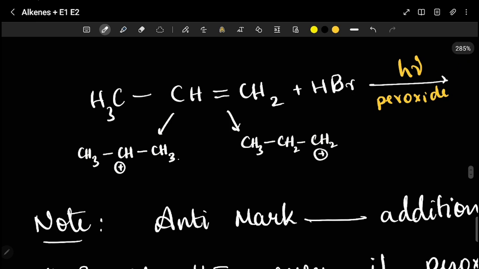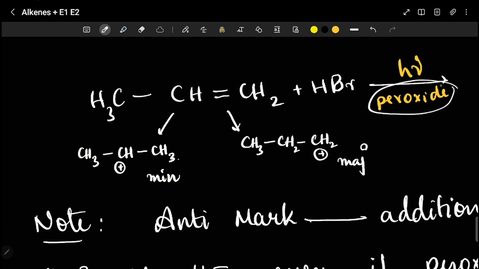So the hydrogen goes where there is a smaller number of hydrogens. Here it went to the larger number of hydrogens, so it will be the minor product. And here it went to the smaller number of hydrogens, so that will be the major product.